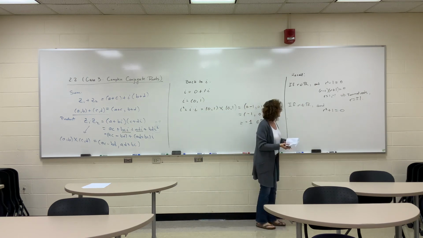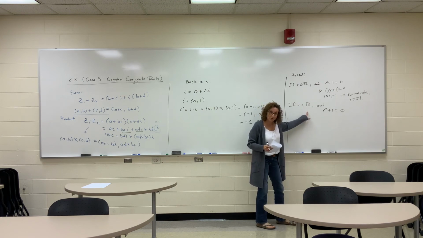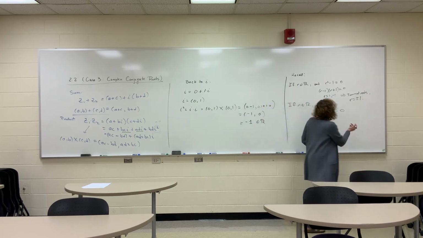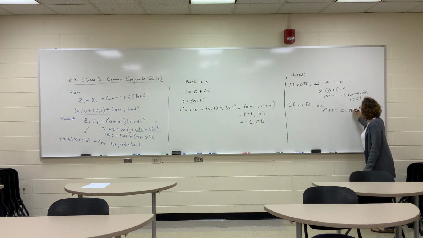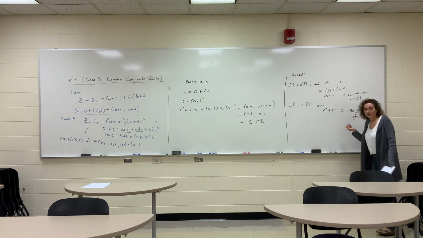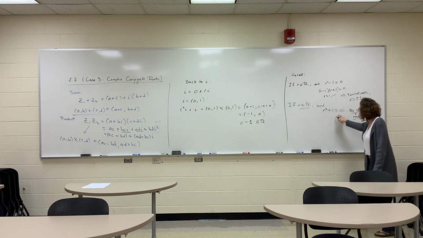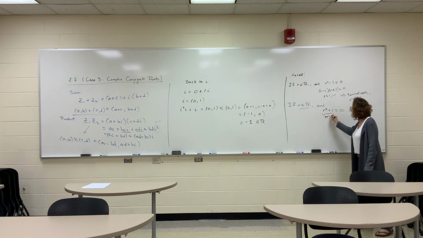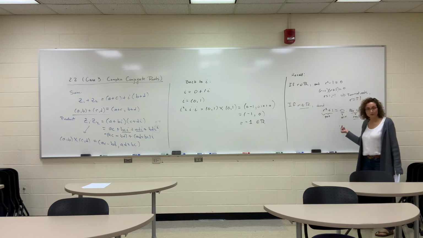If r has to be a real number, you would say there's no real solution. So if r is a real number, the answer is no solution. Why? This side is positive, this is 0. Positive cannot equal 0.